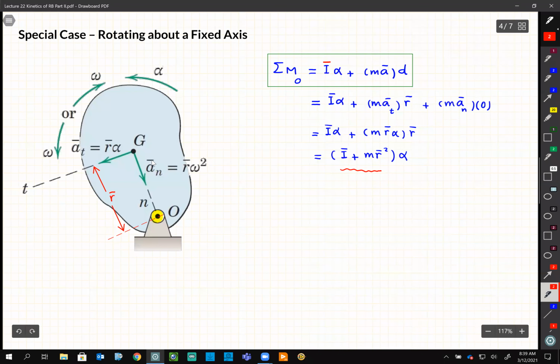What does it say? I bar, think about an axis at G coming out of the screen, plus mass multiplied by R bar squared, where R bar is the distance between G and O. What does it mean? Is it equivalent to something or no?